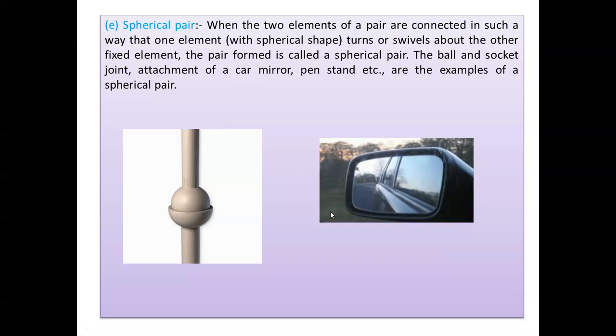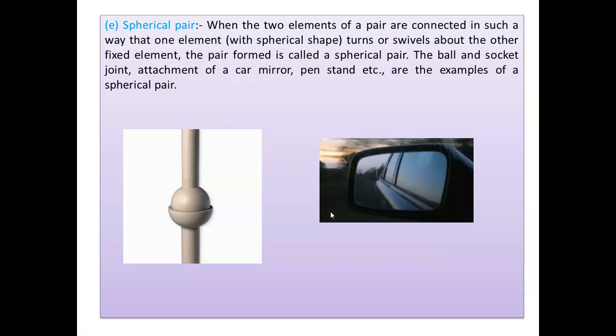For example, ball and socket joint, attachment of a car mirror, then pen stand. These are the examples for spherical pair.